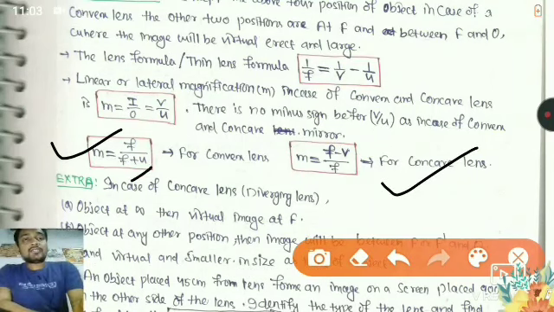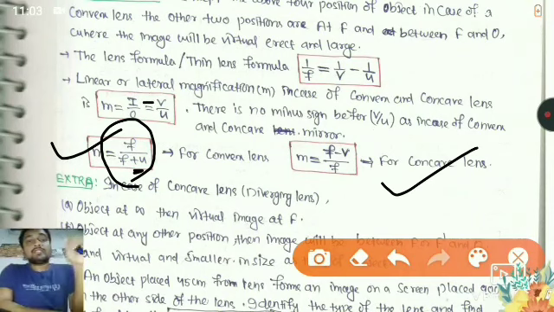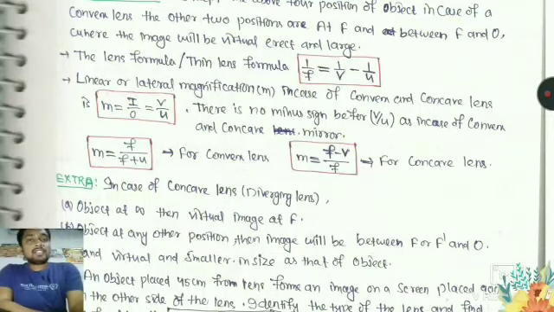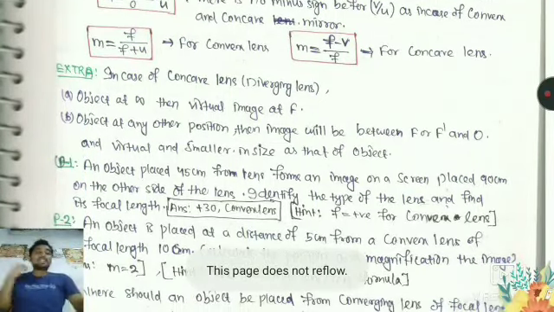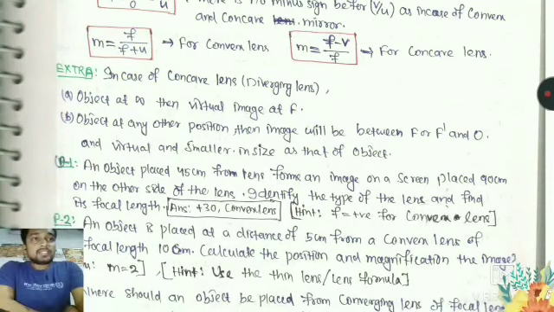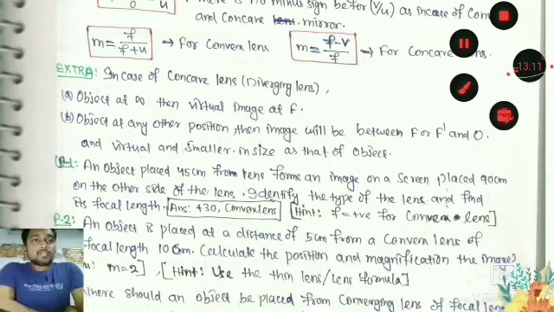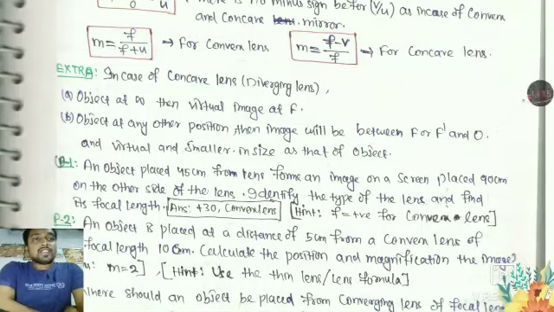Here, in the case of a concave mirror, it is f by f minus u, and it is minus v by u. Okay, what extra do we get here? Extra is that a concave lens is a diverging lens, and a convex lens is a converging lens.